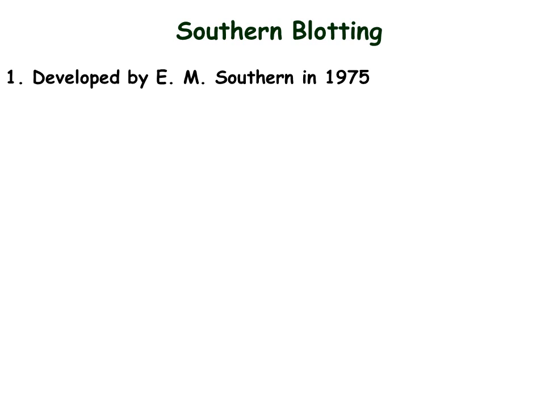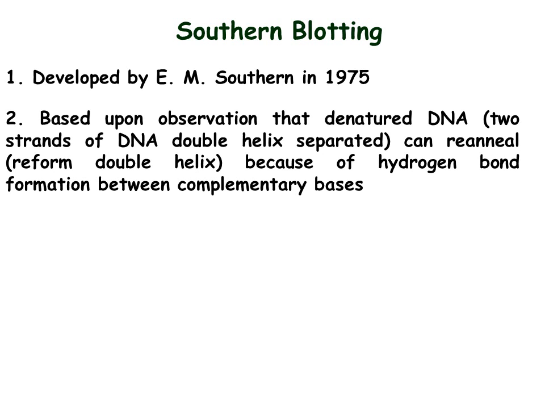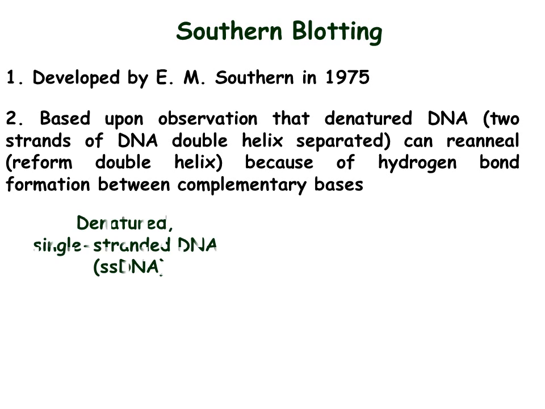Now, all of this came about, the ability to do this, because of the very first technique for identifying genes in the DNA known as Southern blotting. And the reason it's called Southern is because the man who invented it was E.M. Southern. Anyway, in 1975, he knew that if you denatured DNA, so you separated the two strands, you can have them come back together because of those complementary bases.